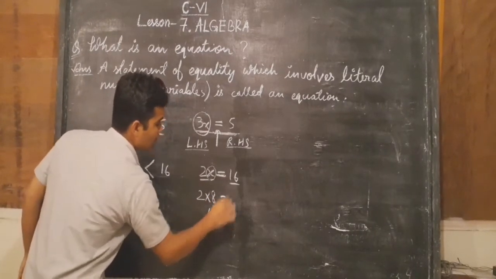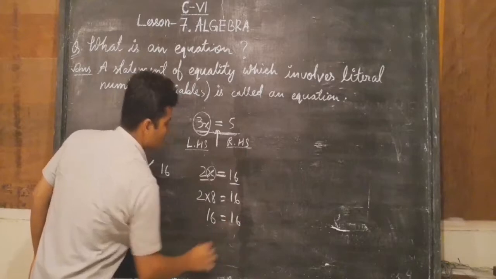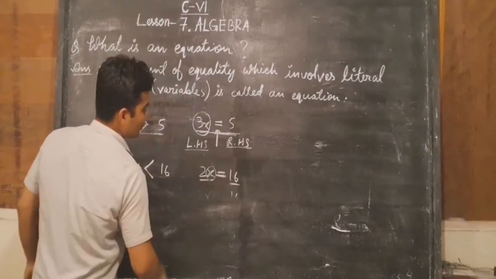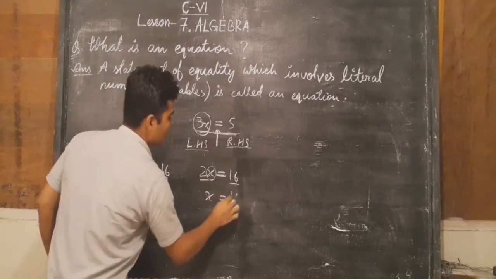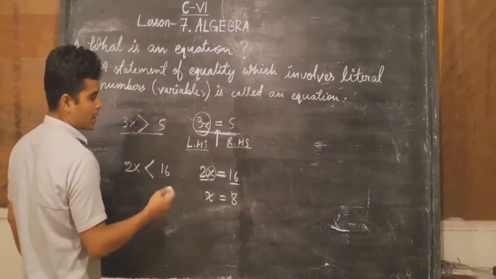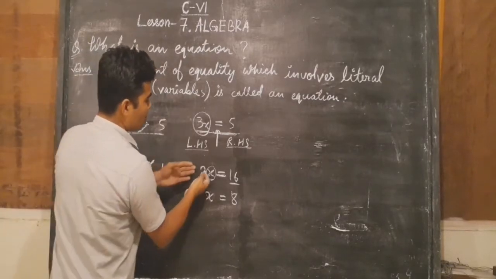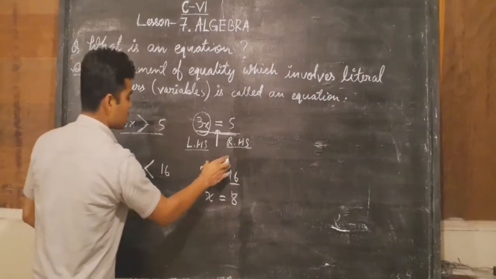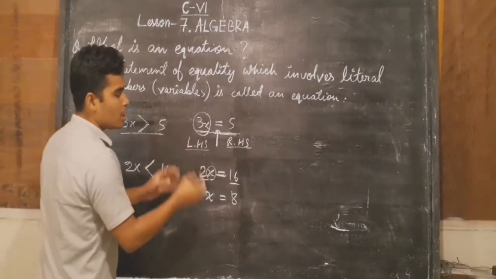Now it is equal to the right hand side. So when we solve this equation, we will get x equal to 8. It means x equal to 8 is a solution of this equation. Means x equal to 8 makes this equation meaningful, both the sides equal.